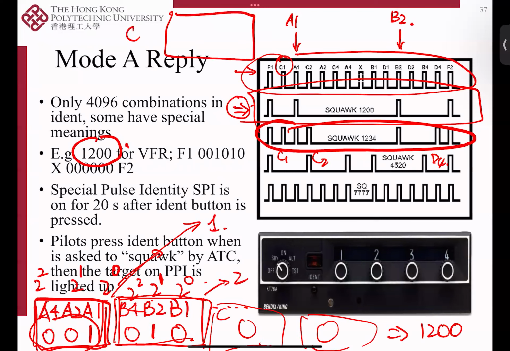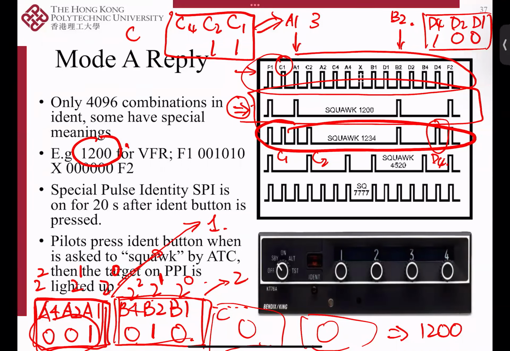This is C1, C4, C2, C1, that one. So these two have numbers. If you read it in binary, this is 3, right? And for the D, we have D4, D2, D1, and only D4 has information, and the others are 0, 0. D4 is related to number 4. So the total number is 1, 2, 3, 4 for this one. That's actually straightforward, and this is how we read it.